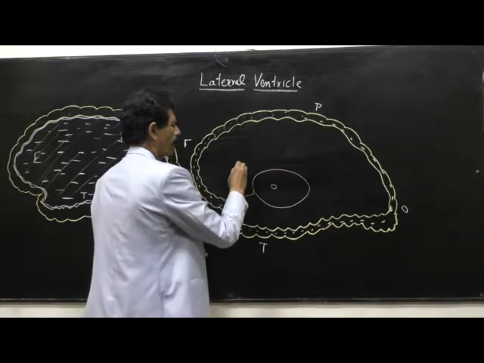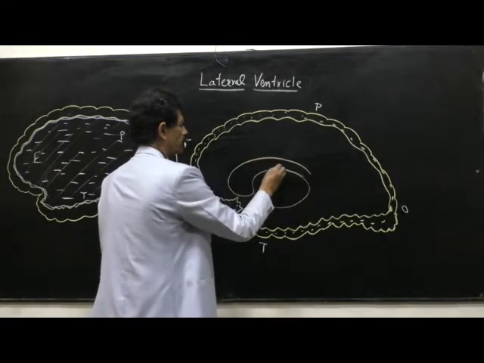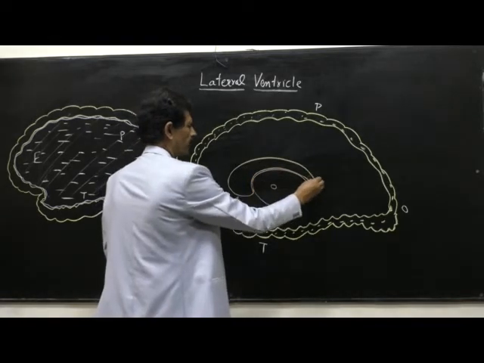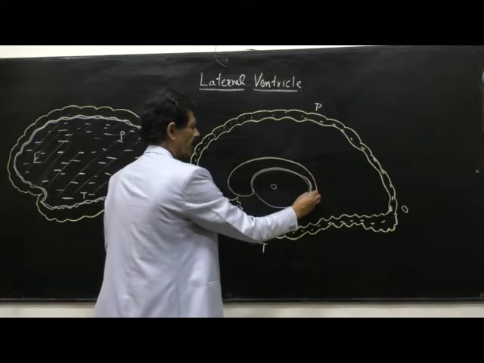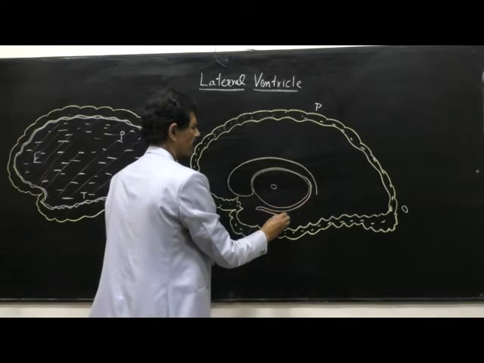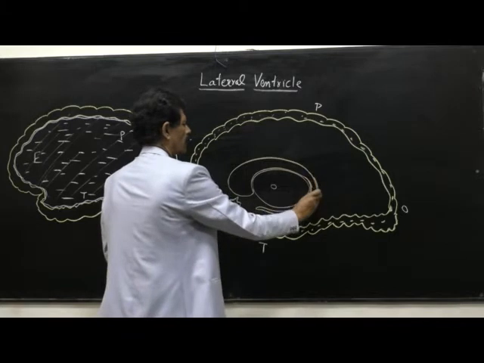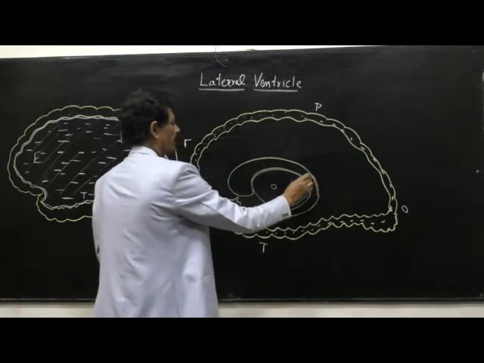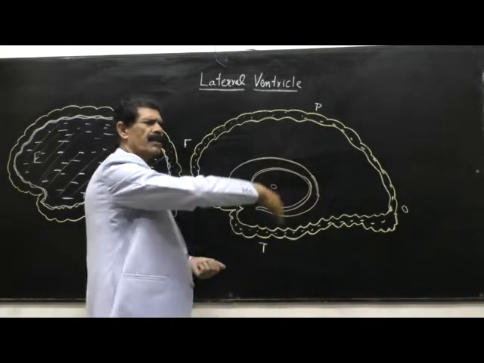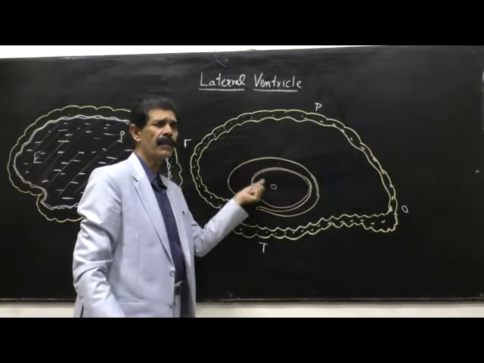Anteriorly the head, then the body, and the tail, which is in close contact with the thalamus, as we have done in the basal ganglia. So the caudate nucleus, the head, body and tail, are intimately related to the thalamus, but it lies superolateral to the thalamus.